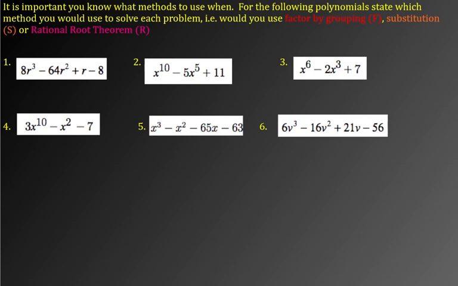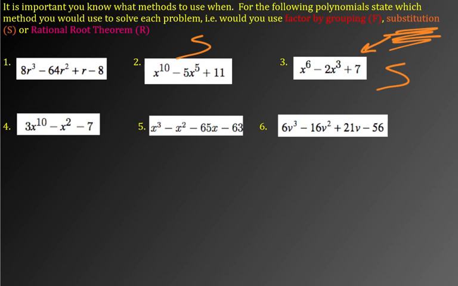In my opinion, the easiest one to see is always the substitution one. There's one right here. You can always spot substitution because you have three terms, and the first power is double this one. This is also substitution because it's three terms and 10 is double 5.